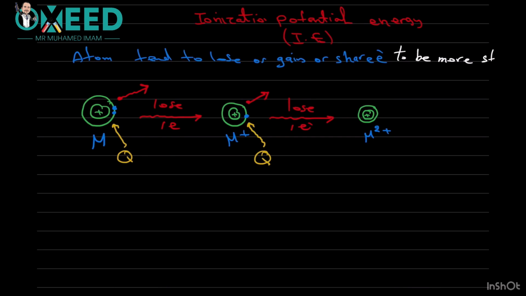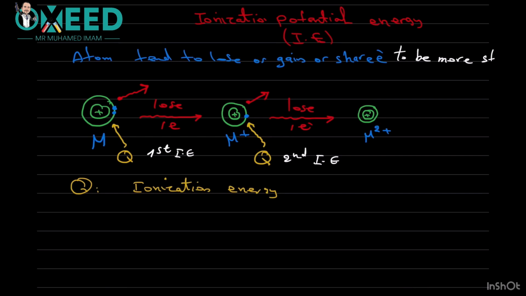So the quantity of energy absorbed, the Q here, is called ionization energy. We can differentiate between them, guys. This is the first ionization energy, and this is the second ionization energy.